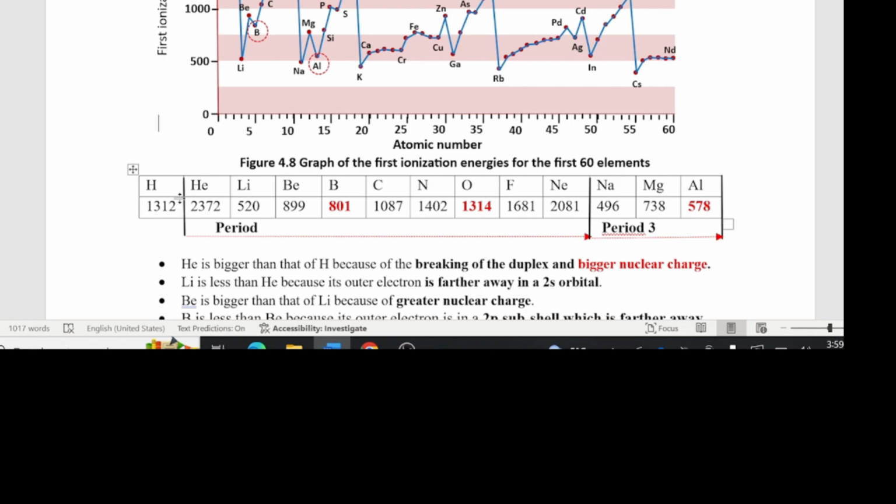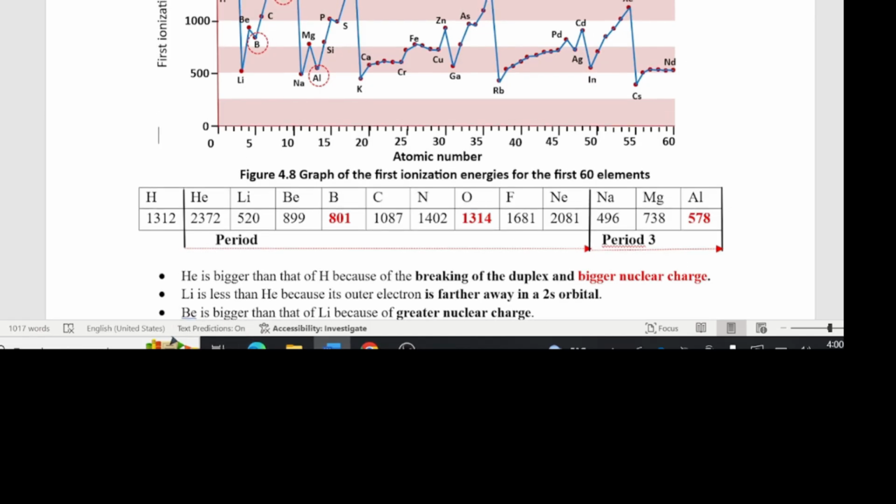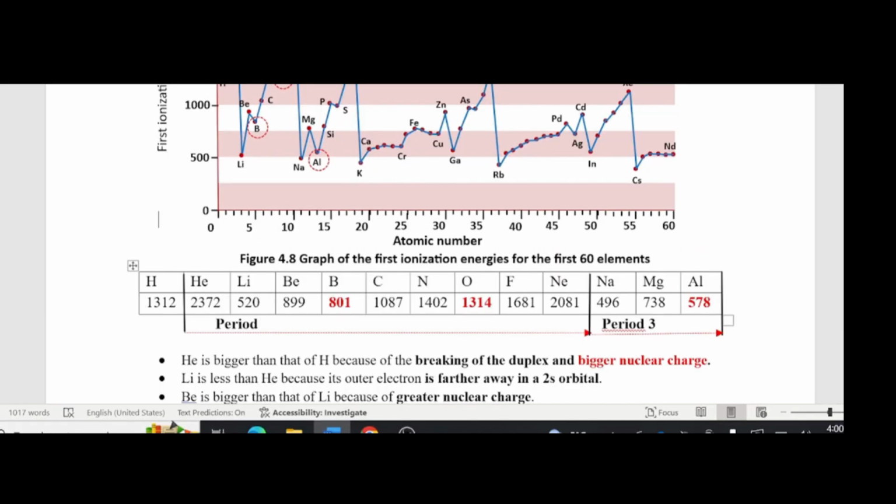Helium has a greater first ionization energy than hydrogen because of two reasons. One, it has a bigger nuclear charge, and it also involves breaking the duplex. Remember, helium has 2 electrons only in its outer shell. So that is why it has a bigger first ionization energy than hydrogen.